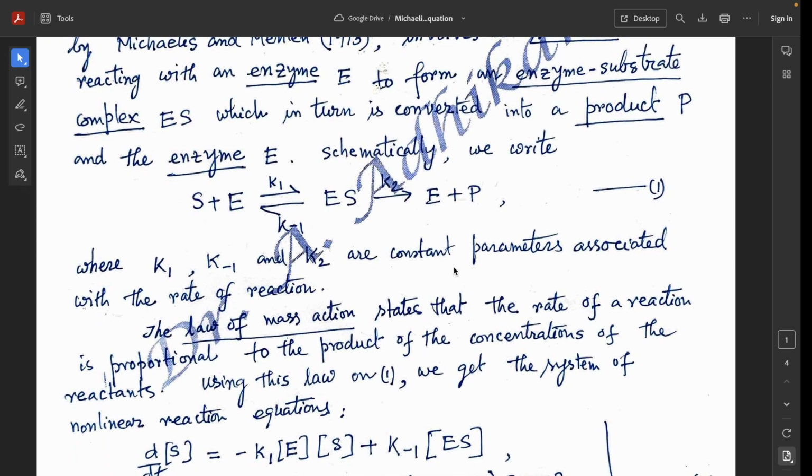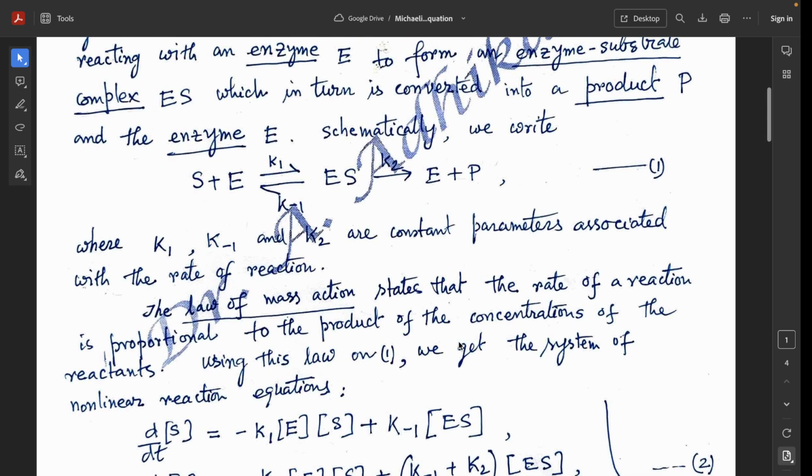Now, the law of mass action states that the rate of reaction is proportional to the product of the concentration of the reactants.